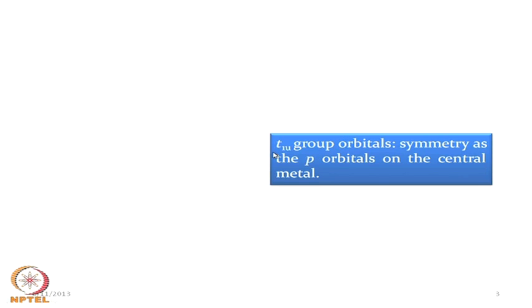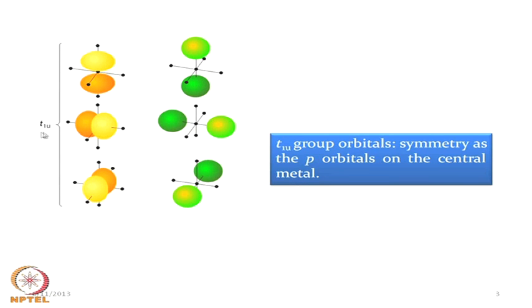Next, we have the T1U group orbitals. So, T1U group orbitals have the same symmetry as the p orbitals on the central metal ion. So, now we are talking about something which we have not discussed in crystal field theory, because we have not considered the corresponding p orbitals for any kind of interaction between the metal and the ligand in crystal field theory.